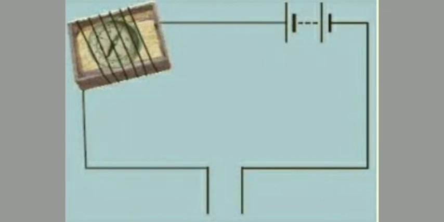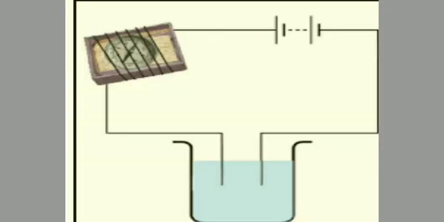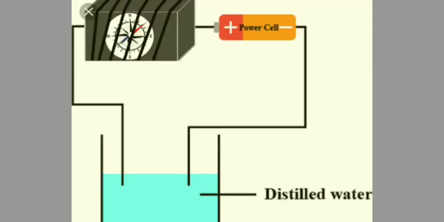Repeat the activity with other liquids such as tap water, milk, vinegar, salt water, etc. In each case, observe whether the magnetic needle shows deflection or not. We start with distilled water.